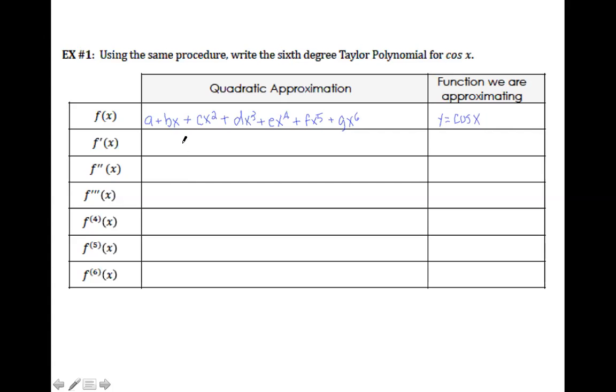Right. So first derivative, any term that we have that contains a constant is going to go away. So this term goes away. I now have derivative of bx would be b, derivative of cx squared would be 2cx, and so forth. So I'm just going to keep going along here. You guys could even pause the video and write this down yourself and then keep simplifying.